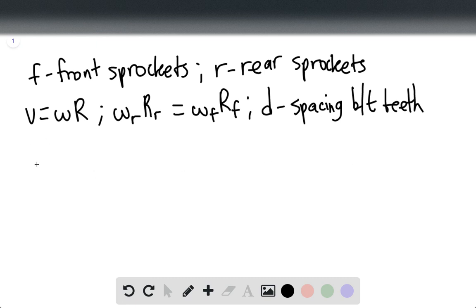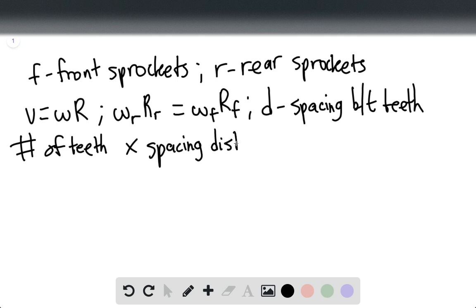And we can define an equation and say that the number of teeth in the sprocket times the spacing distance will equal a circumference length.